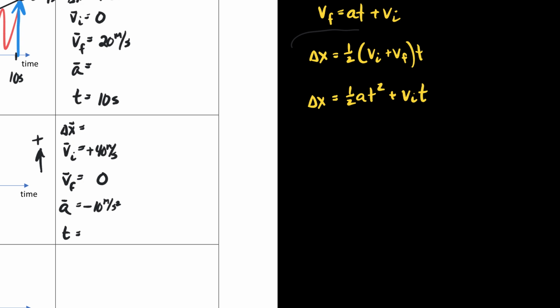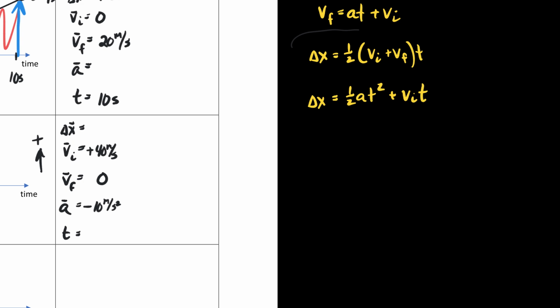I think I can only use one of these relationships, right? Because only one of them has the combination of the 3 things that are given and one other variable. Wouldn't you agree? So it's this one, I think. That top one. I think I can use that one. Do you see why?